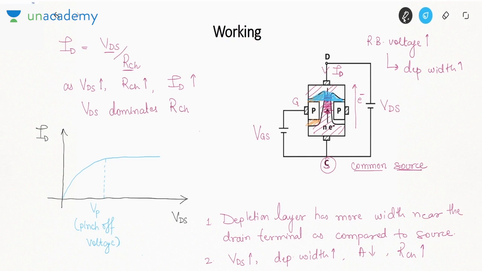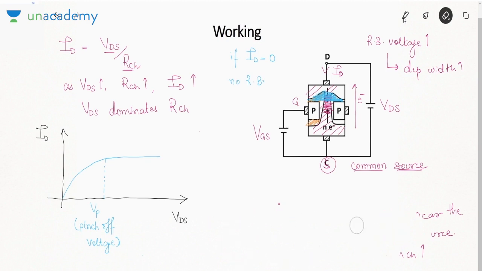The reason is that if ID is 0, then there is no reverse bias. Why? Just now I showed you how we were developing reverse bias.